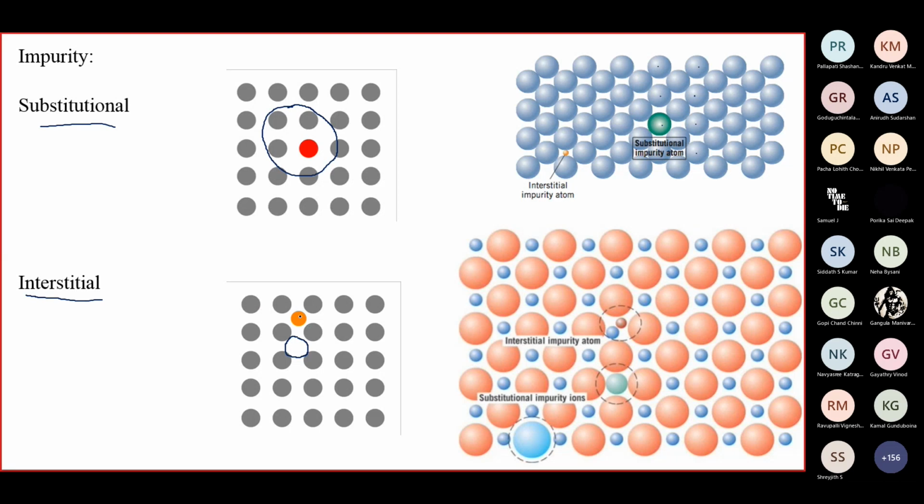Again, because of the presence of this atom, the region around here is different with respect to bonding, and also with respect to the crystal parameter. So both these things together alter the energy distribution in this.